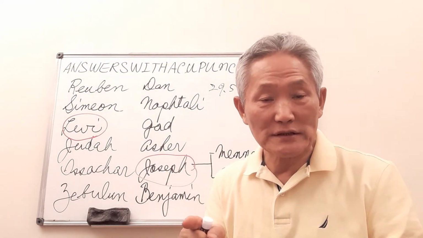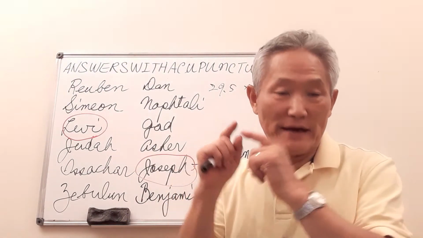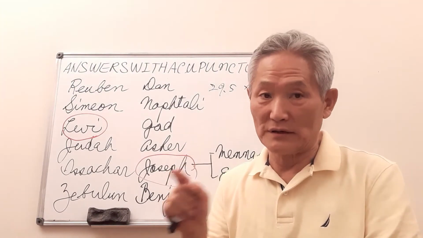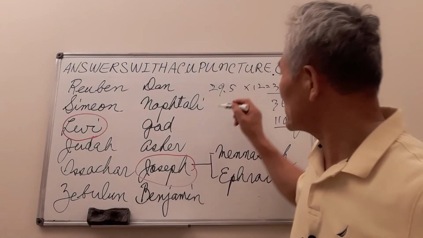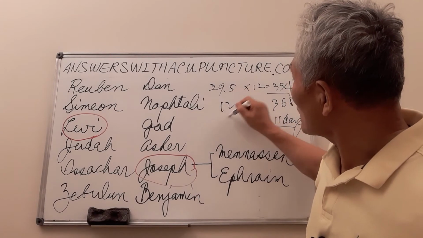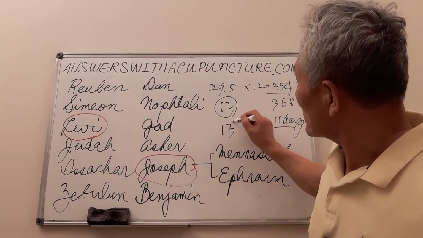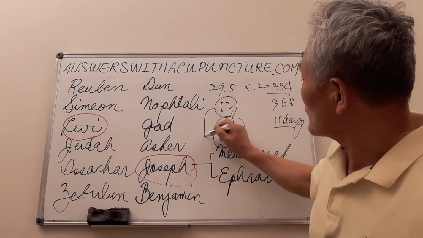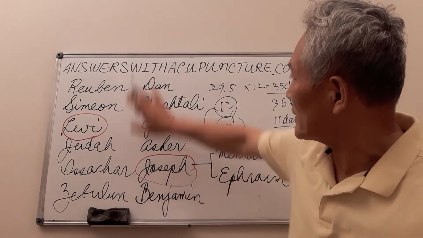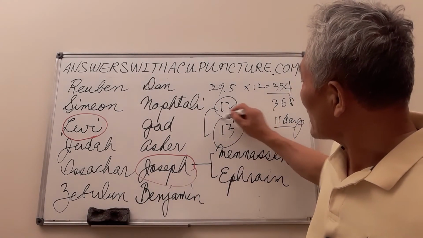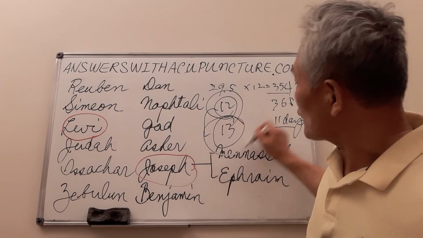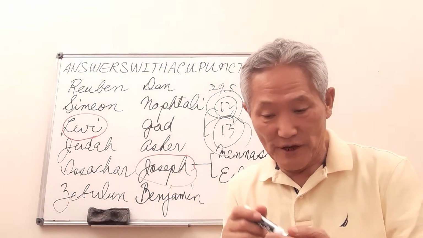Actually 12 months, but once in a while it is 13 months. This is actually 12, but once in a while they use 13. This one is the 12. They try to use 12, but sometimes it is actually 13.